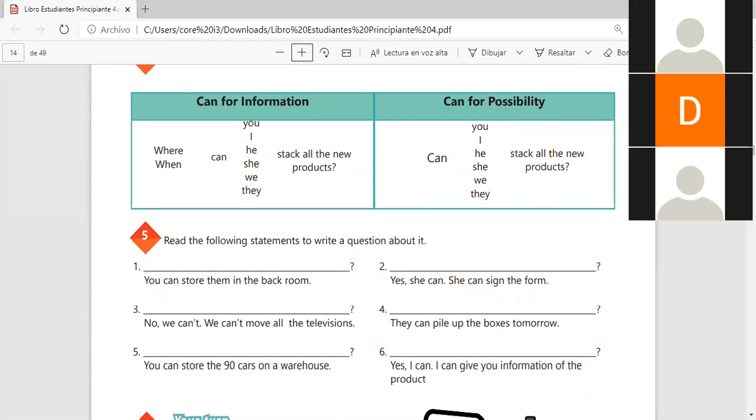If I say, can you open that box? What is that? Can you open the box, man?